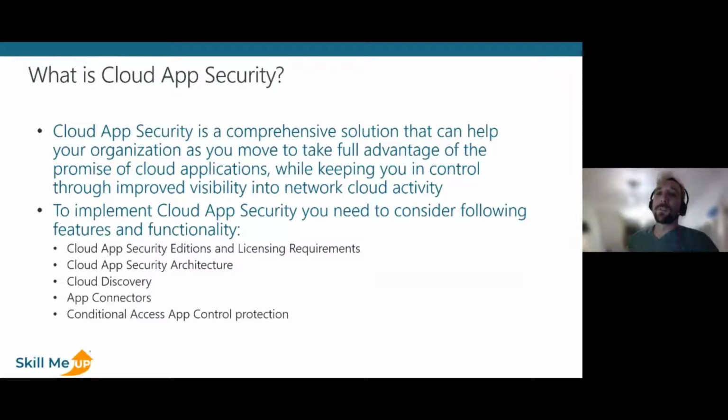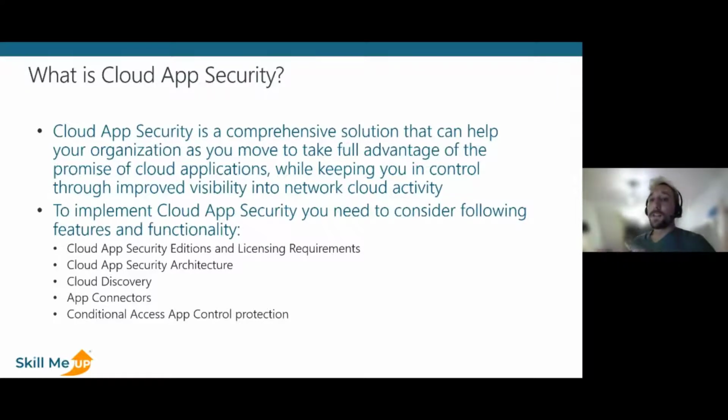So what is cloud app security? It's a comprehensive solution that can help every organization as you move to take full advantage of the promise of cloud applications while keeping you in control through improved visibility into network cloud activity. Consider the following features, of course. There are different licenses.